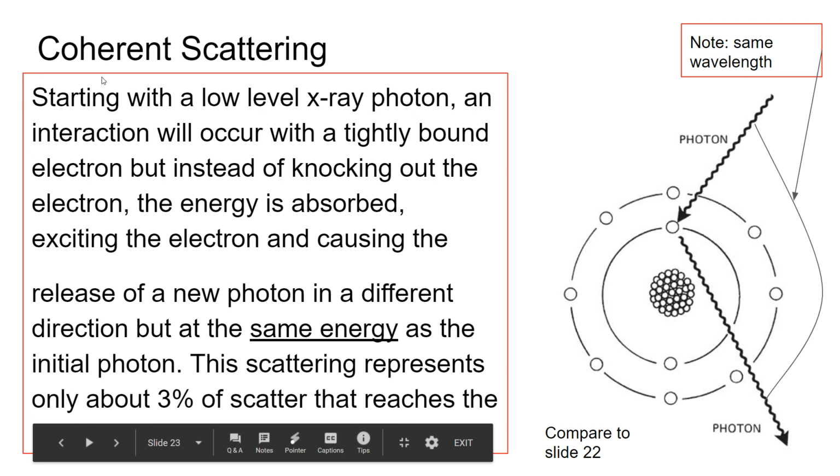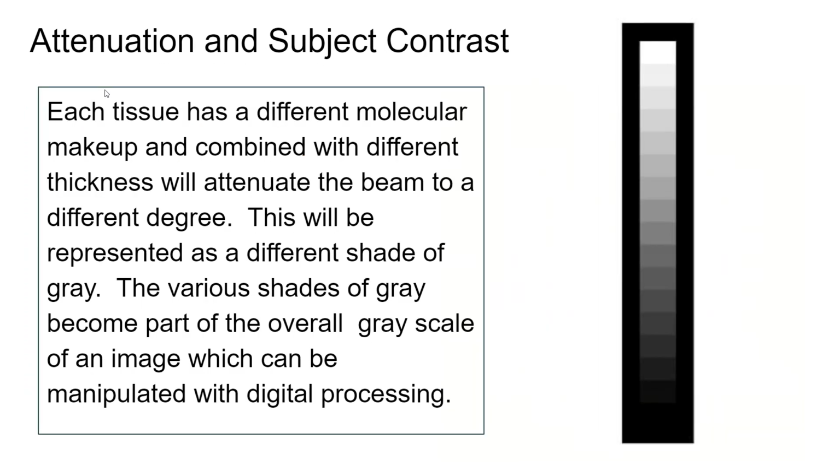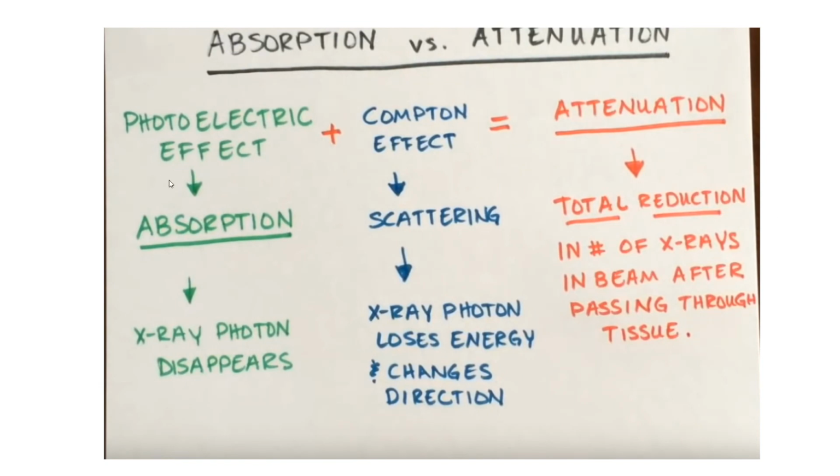A tiny little bit of coherence in there, right? Gives us the attenuation. And the attenuation, we said, is different depending on atomic number, tissue density, how closely packed molecules and atoms are, and actual thickness.